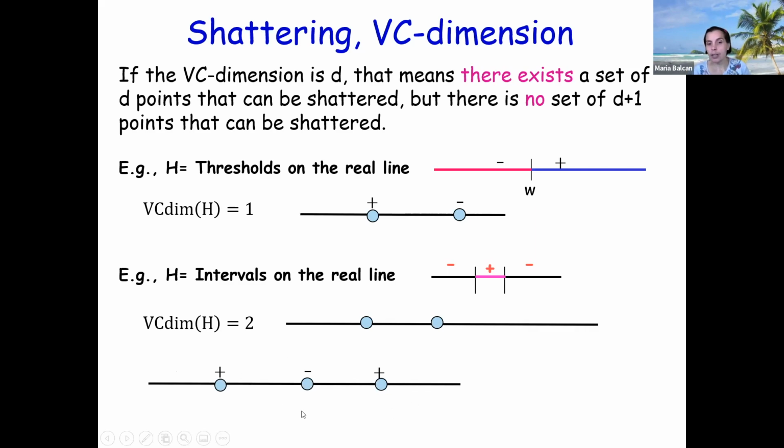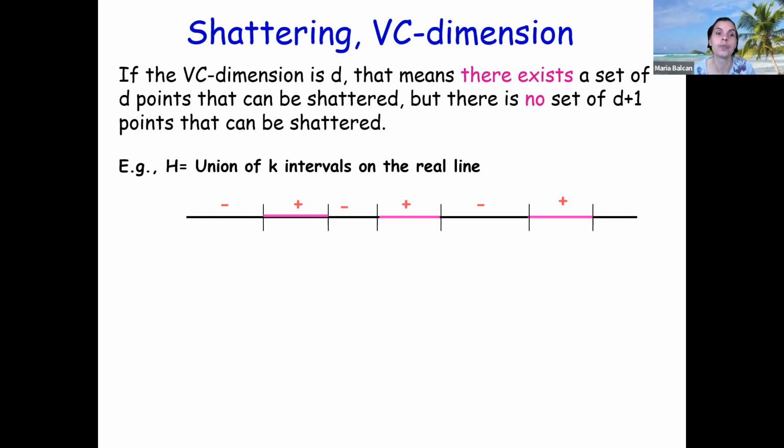In particular, if I put down any set of 3 distinct points, there will be one labeling, this specific labeling here, that cannot be achieved with intervals. I can never label these 3 points as plus, minus, plus using intervals. So this proves that the VC dimension of intervals on the real line is 2.